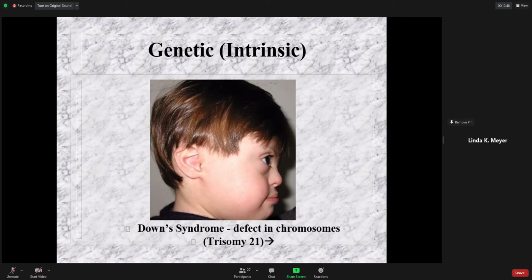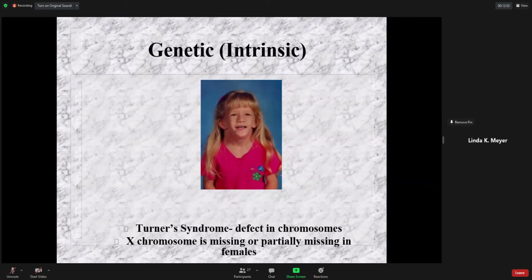It's not necessarily something that's passed on from one generation to another. Another syndrome is Turner syndrome, and this affects females where their X chromosome is missing or partially missing.